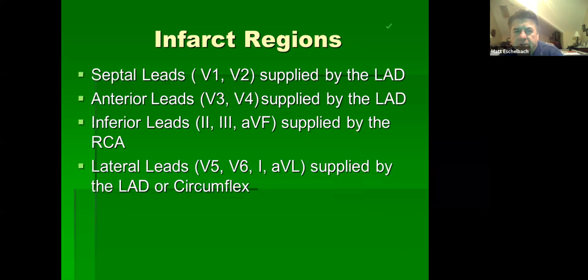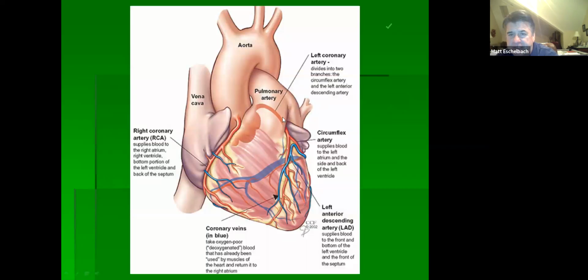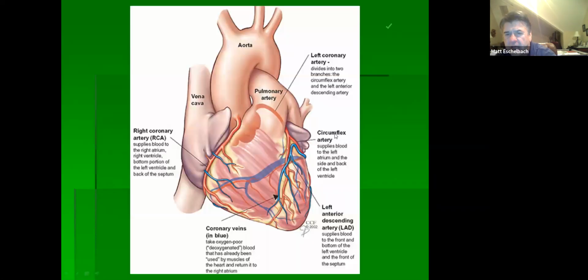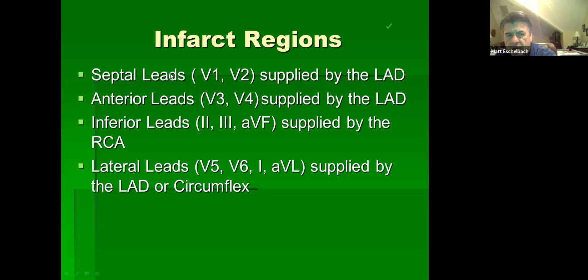For example, our septal leads, V1 and V2, are supplied by the left anterior descending. Okay, here's our left anterior descending. Our anterior leads, V3 and V4, are also supplied by the left anterior descending. So when we have injury to septal and anterior leads, it's the left anterior descending we're talking about.